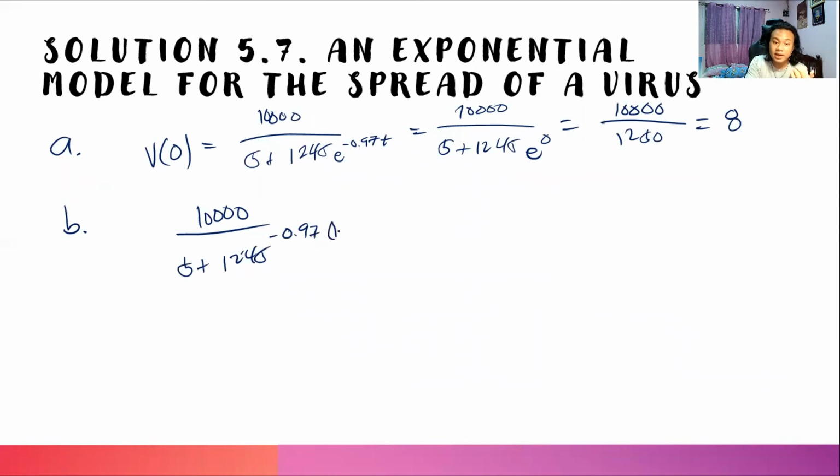So, magtatag 1 day. So, replace t with 1, and then you will get approximately 21 people. Okay? So, kung 5 pud na siya, so approximately 54 people ang na-infect with the virus.